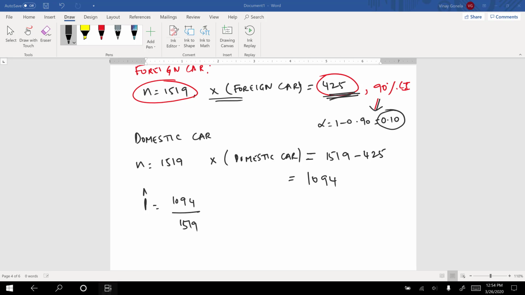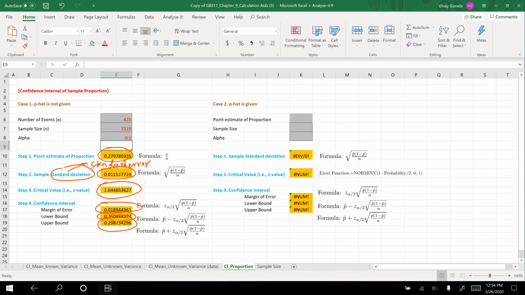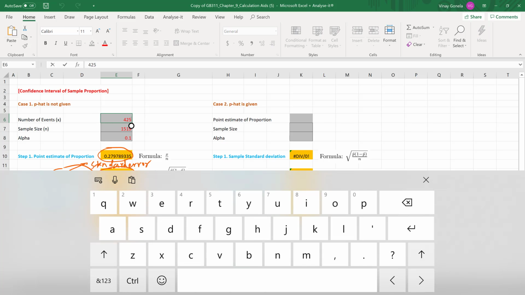So now in this sheet, instead of this you will be typing 1094.